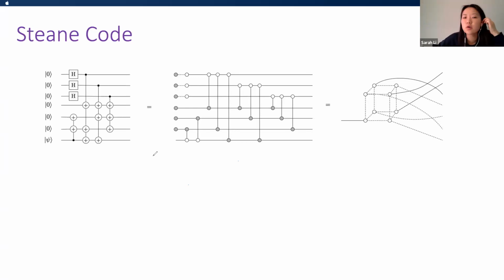Wait, but this is for the change of basis for all logical operators. But what if just one logical operator is implemented by the Z? That's kind of what I'm looking for.